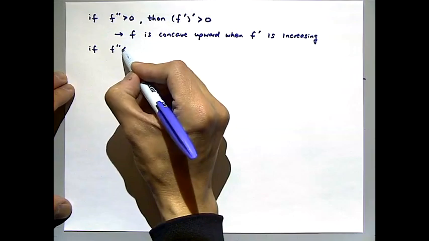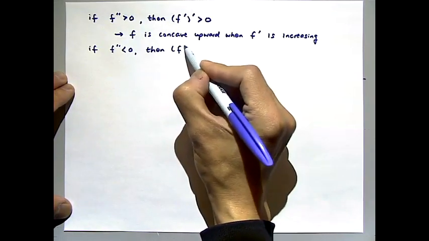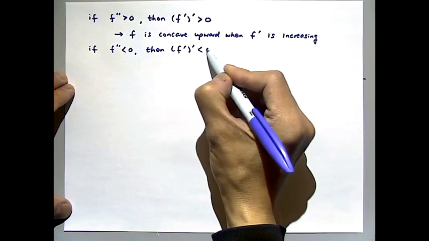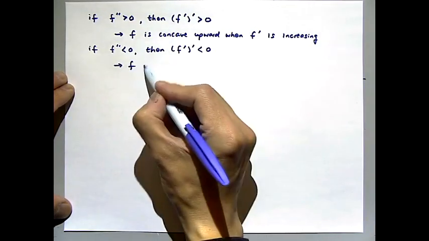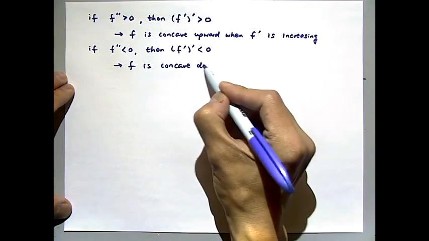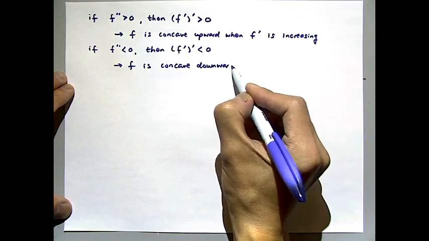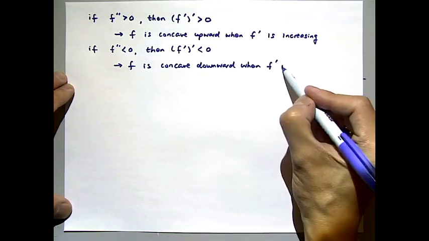Conversely, if f double prime is negative, then f prime prime is less than 0. So this tells us that f is concave downward on the interval when f prime is decreasing.